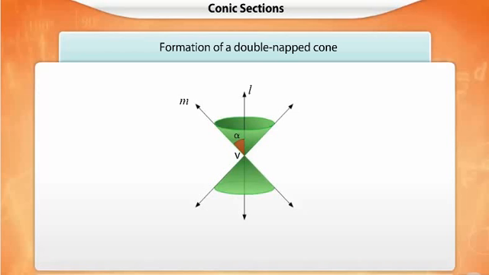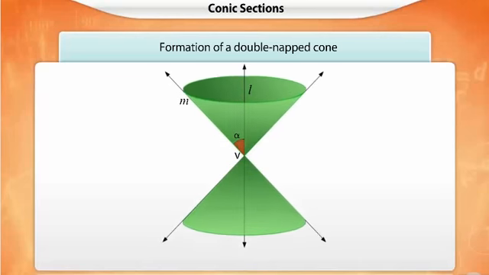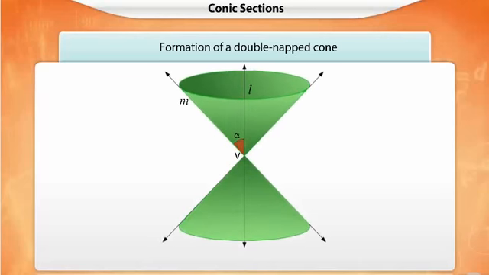Though the right circular double-napped cone shown here is of a finite size, we should note that as lines L and M extend infinitely in both directions, the cone also expands infinitely in both directions.